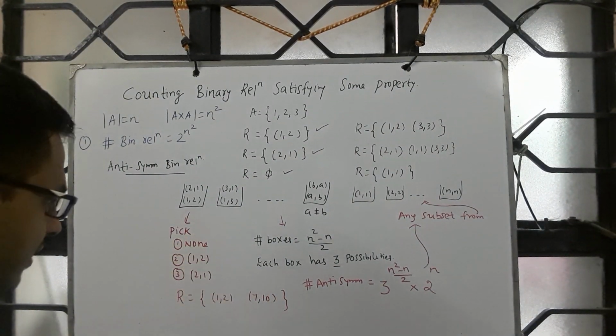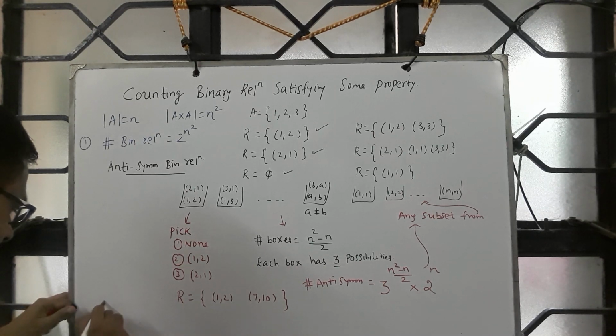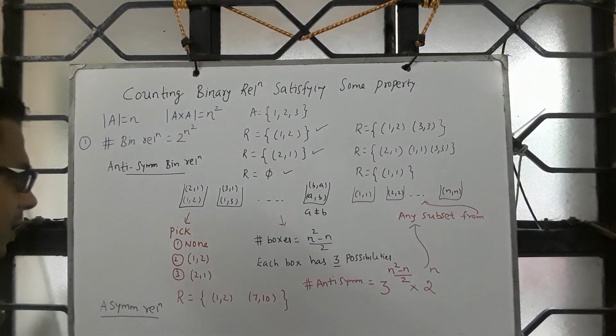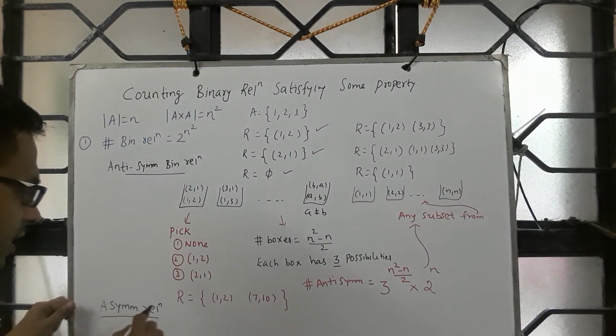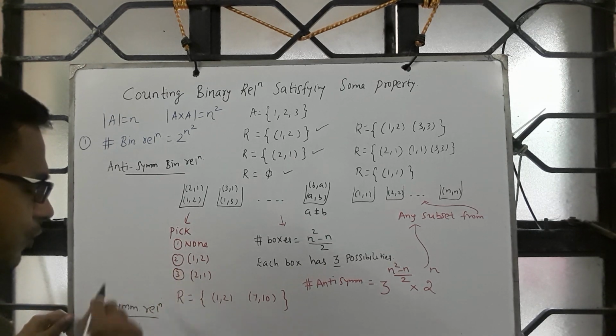The similar line, we can count asymmetric also. We can count number of asymmetric relations. Okay. So please note, asymmetric says AB is present, then BA should not be.